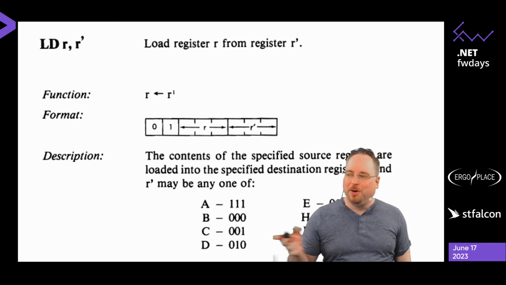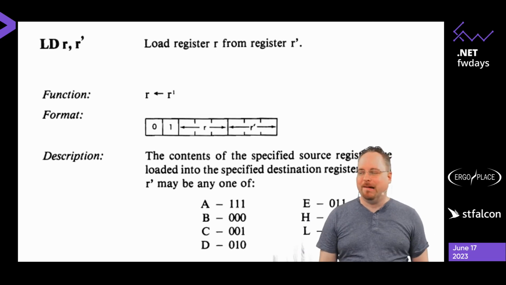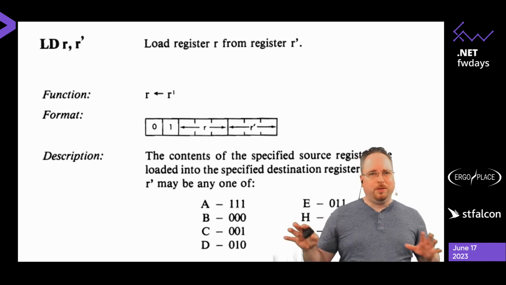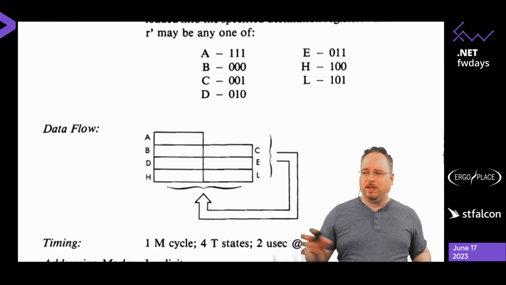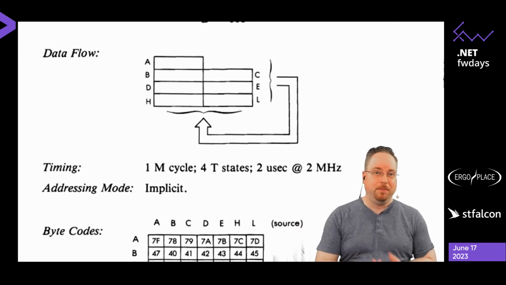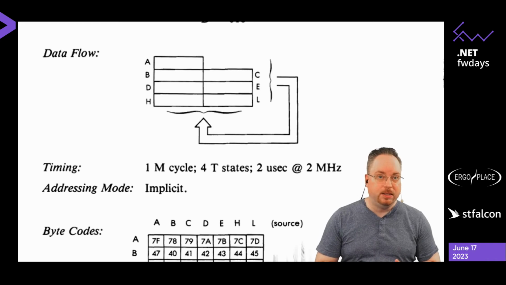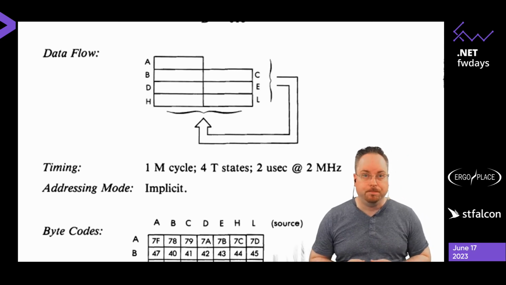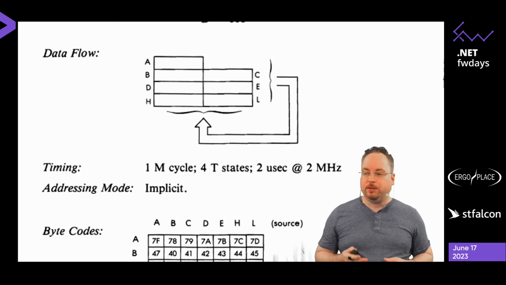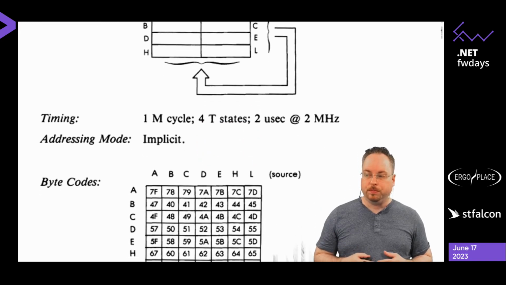So when I wrote this presentation, I realized that this can be optimized even more than I have. Now, if we look a little bit more, we will see that the book has some timing information. It takes 4 t-states, which we will come back to in a bit. We also have a matrix filled with opcodes.